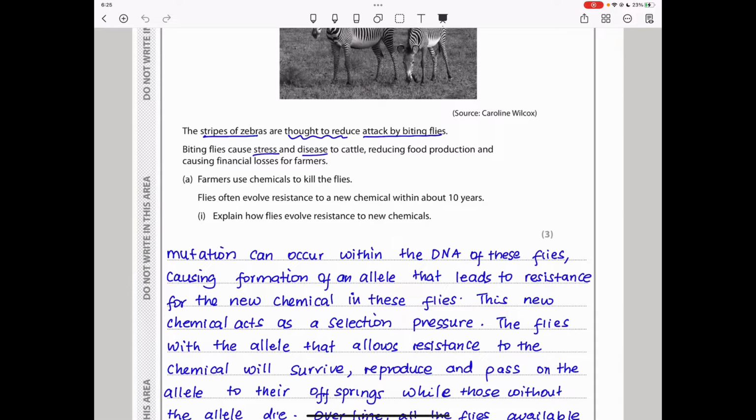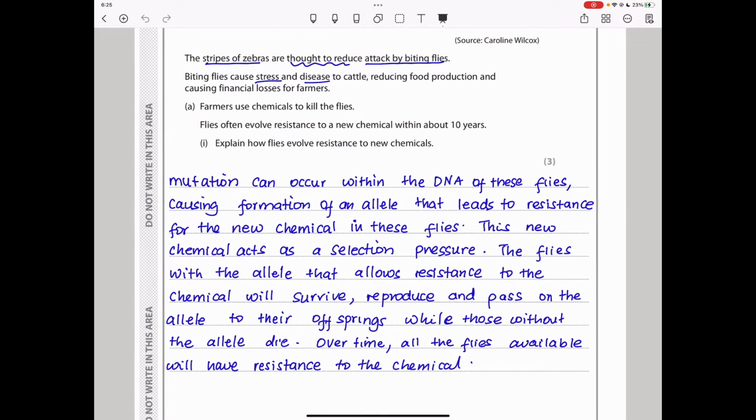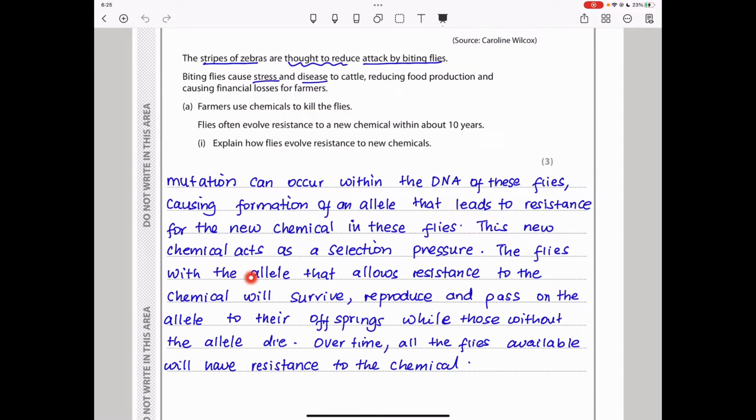So in this case, the chemical is acting as selection pressure, killing those that do not have the allele, while those that have the allele are going to be able to survive. So the flies with the allele that allow resistance to the chemical will survive, and they will reproduce, and when they do, they will pass on their allele to their offspring, and their offspring will also have that ability to be resistant to the specific chemical that they're using to kill the other flies.